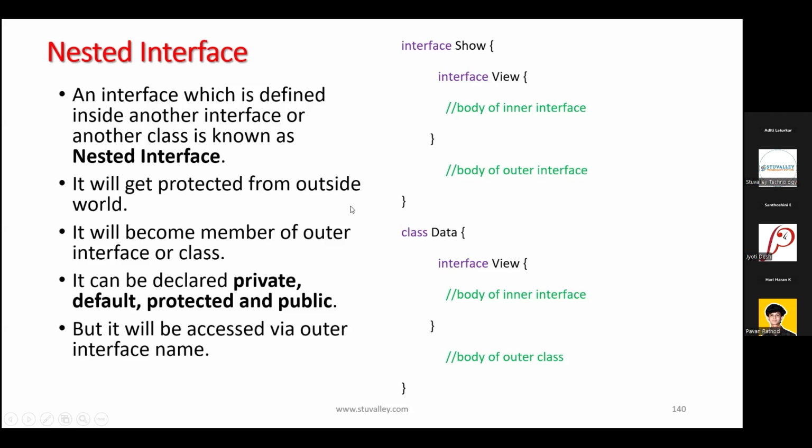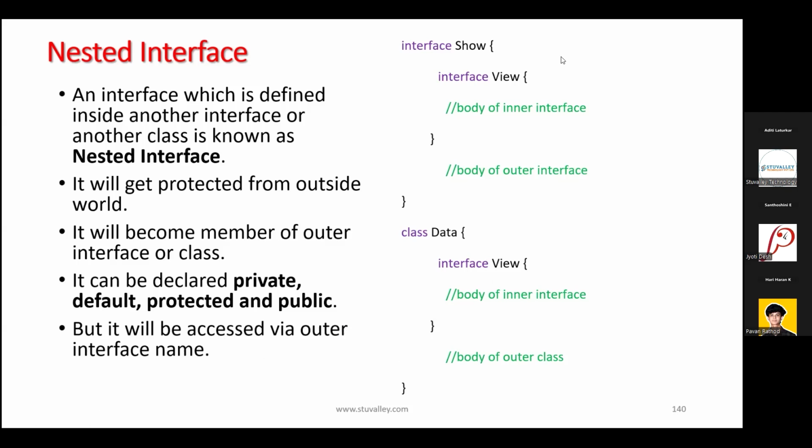It will get protected from the outside world. Same as nested classes, we are protecting the internal interface from the outside world. So it will become a member of the outer interface or class. It can be declared private, default, protected, and public depending on your requirement. But it will be accessed via the outer interface name itself, same as the class name.